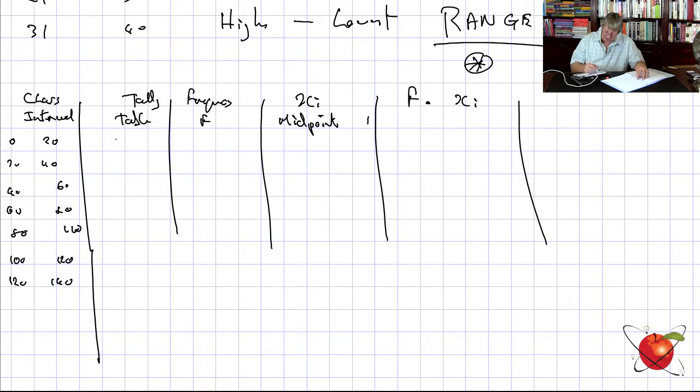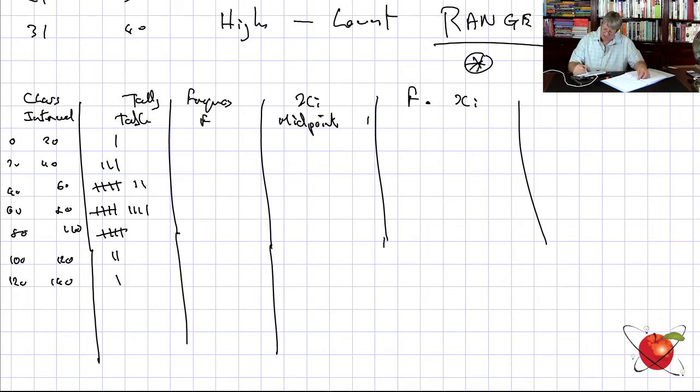And let's say we've got these as our tally tables, 3, and here we had, and here we have, and there we have that, okay? Now, they want us to find the mode, median, mean of all of this lot, all right?